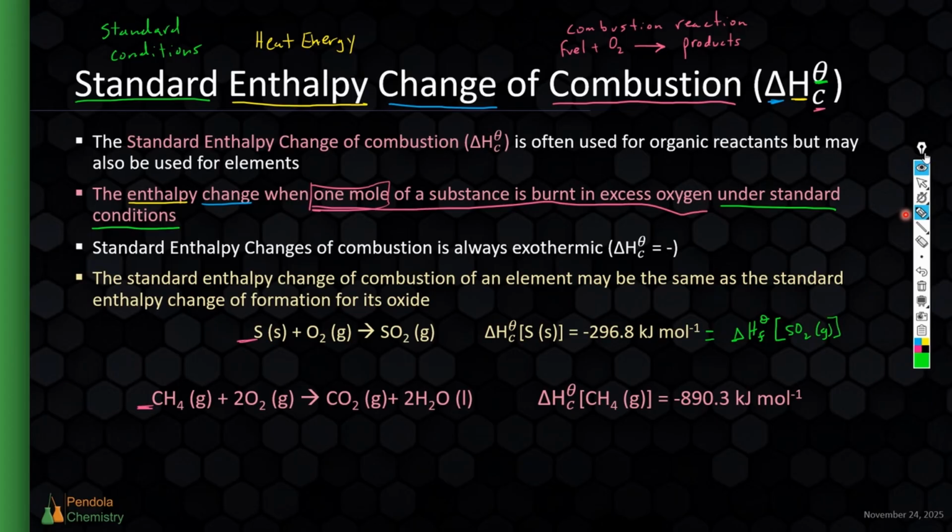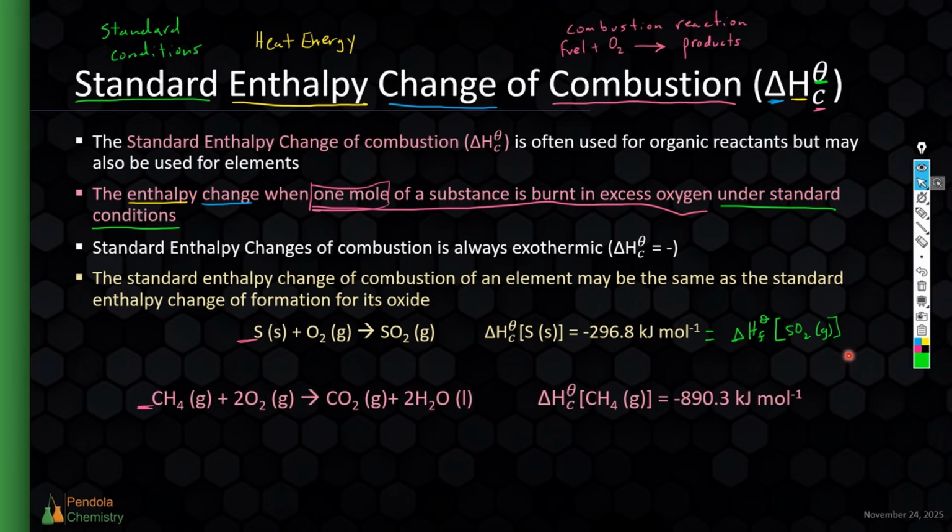Now, the standard enthalpy change, like we said earlier, of combustion might be also the standard enthalpy change of formation of the oxide, meaning of an oxygen and element combination. So like we said here, sulfur being burned in oxygen to create SO2 can be the standard enthalpy change of combustion of sulfur, and it can also be the standard enthalpy change of formation of sulfur dioxide. Notice how the chemical changes. Why?